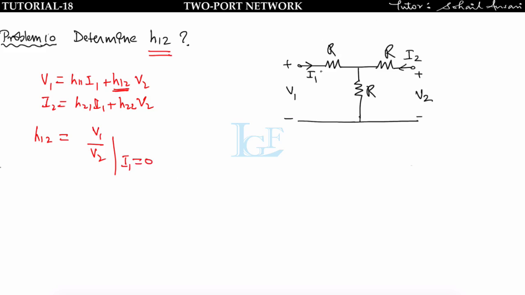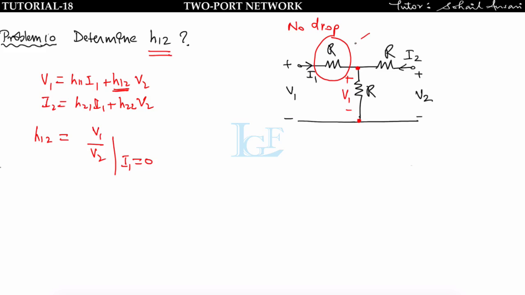Since I am considering I1 is equal to 0, means there will be no drop across this resistor, right? No drop means whole voltage will drop across this resistor. This is V1. Got it? Because no voltage drop across this resistor.